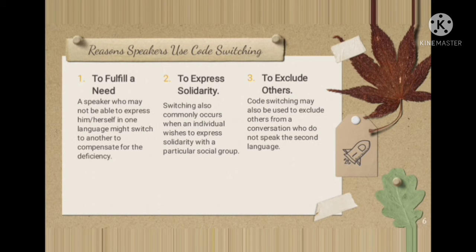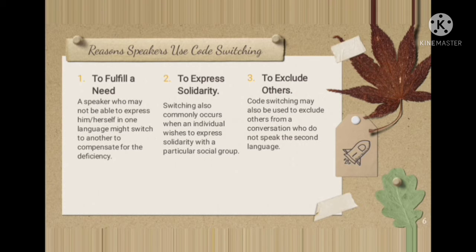And the next is reasons speakers use code switching. There are three possible reasons for switching from one language to another. The first is to fulfill a need. A speaker who may not be able to express him or herself in one language might switch to another to compensate for the deficiency.